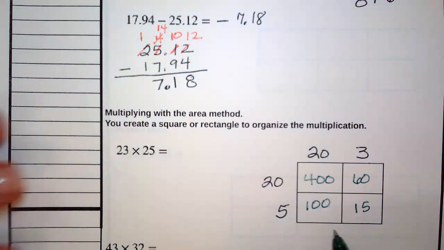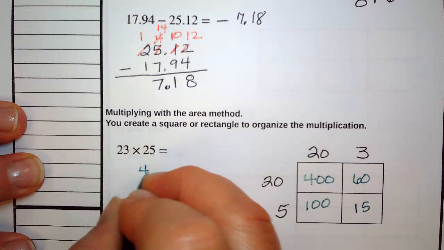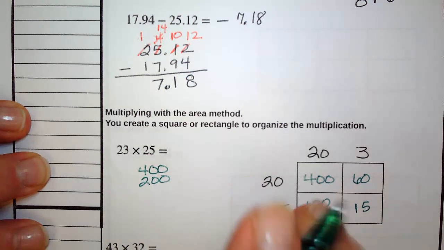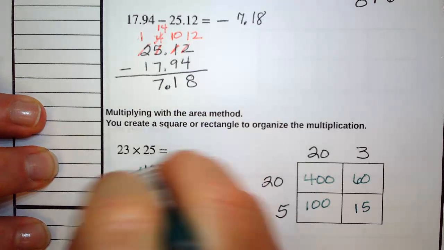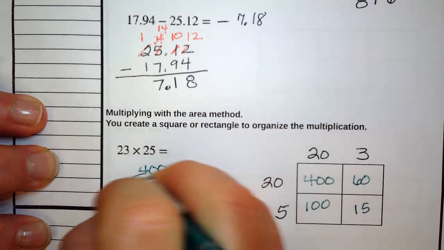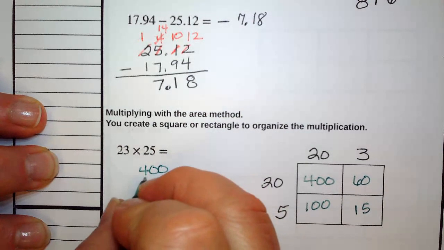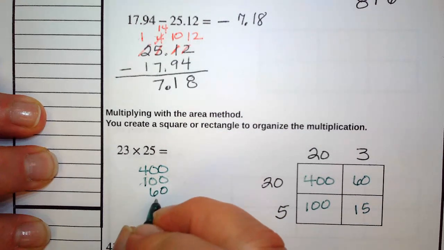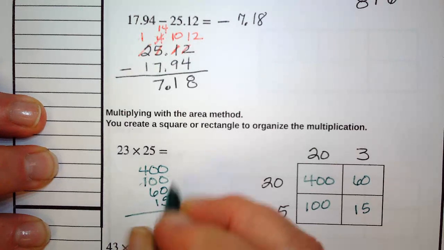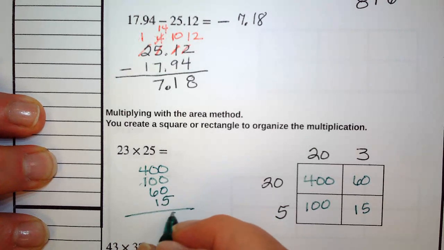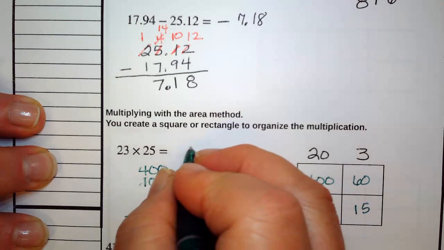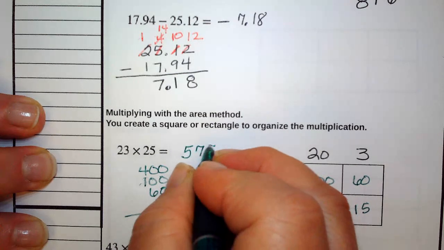Now I add it all up together. 400 plus 100 plus 60 plus 15. Okay, 0 plus 5 is 5. 6 plus 1 is 7. 4 plus 1 is 5. So this is 575.